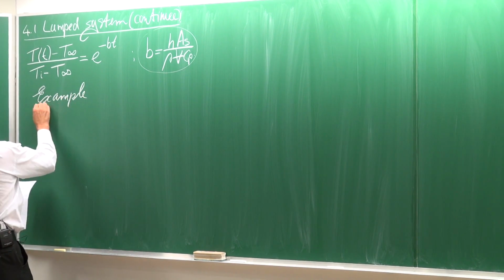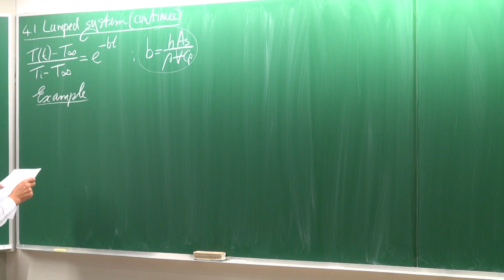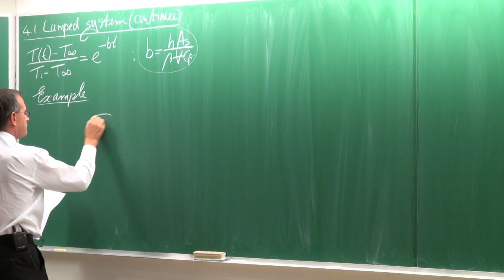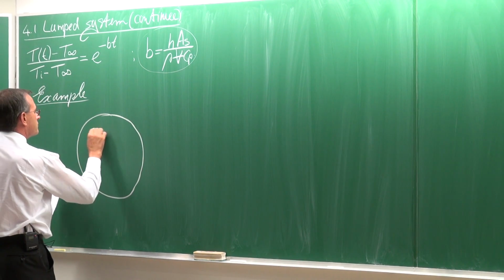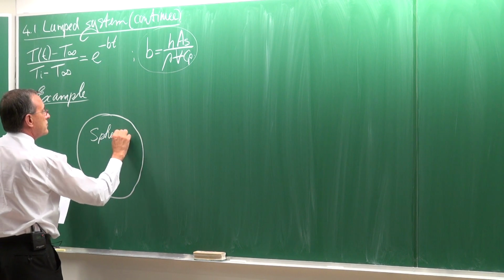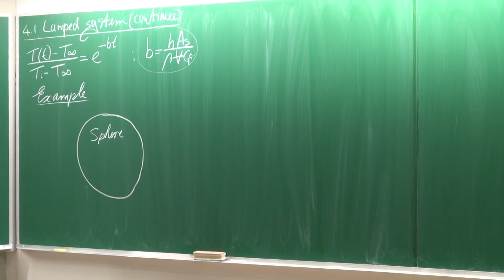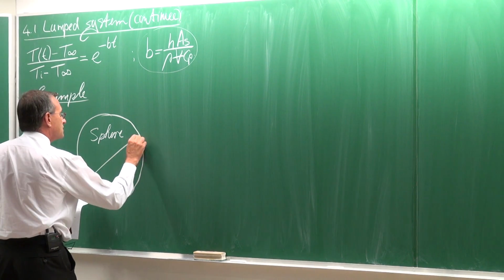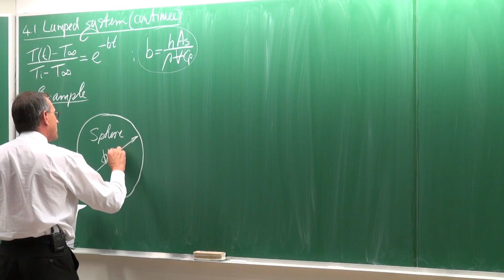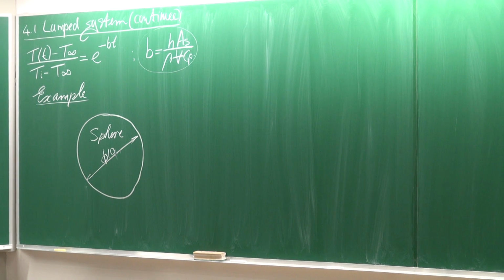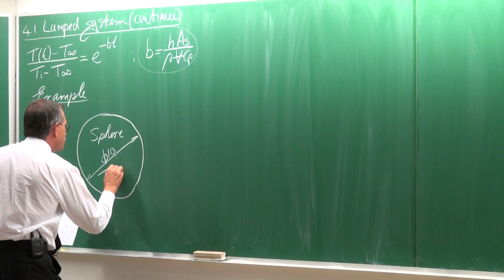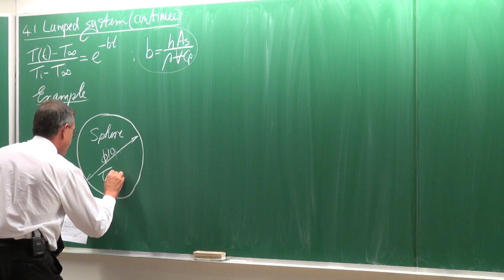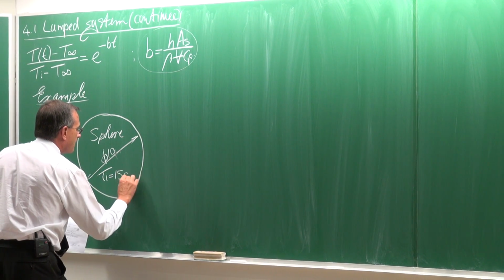The first one is an example of a sphere. A sphere made from silver, with a diameter of 10 millimeters, like a ball bearing. Its initial temperature is 150 degrees Celsius.